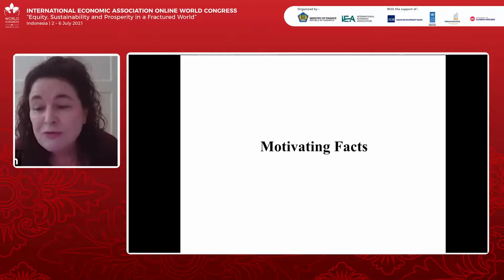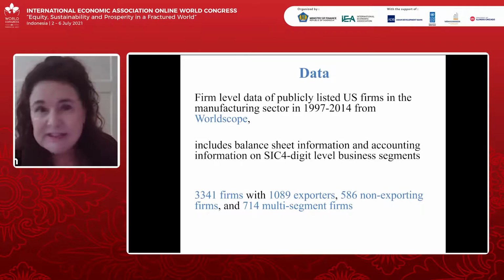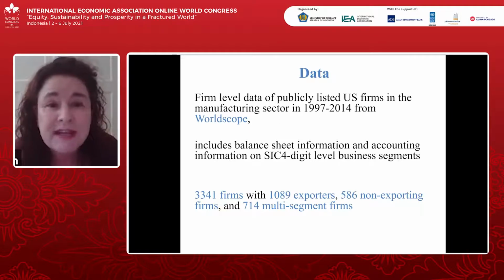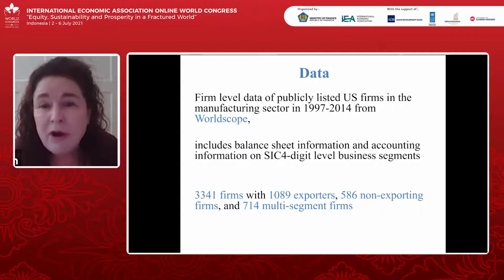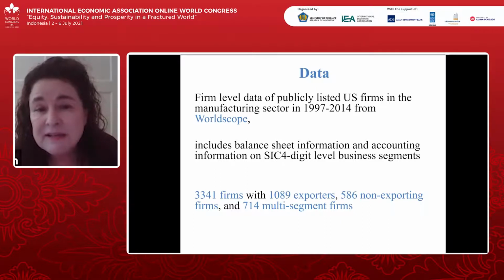Before I give an answer, I want to give you some motivating facts. We are using data from WorldScope on publicly listed US firms in manufacturing between 1997 and 2014, which includes balance sheet information and accounting information on SIC 4-digit level business segments.